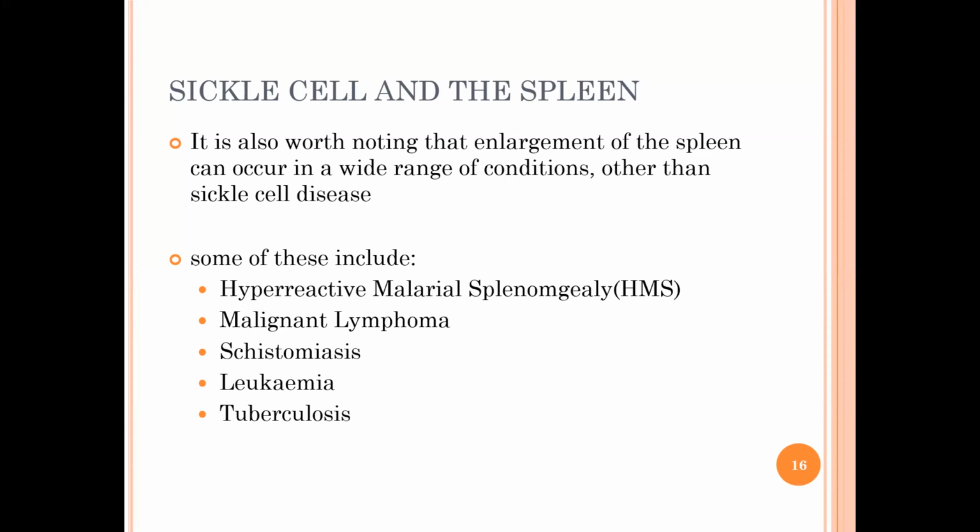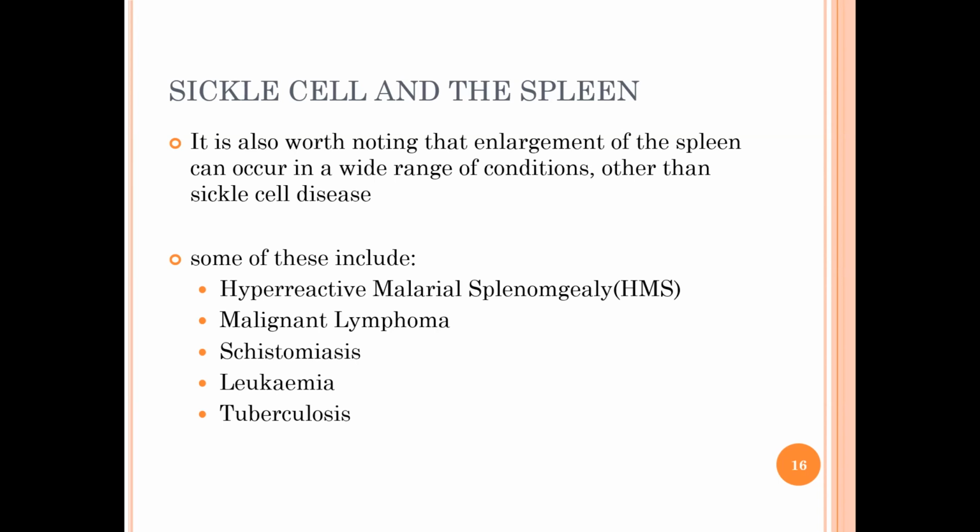So there's something called hyperreactive malarial splenomegaly. Malaria can cause a really, really big spleen, and we live in a malaria endemic country, so that is a cause. If you have a lymphoma, which is a malignancy of your lymph nodes, you can have an enlarged spleen. If you have schistosomiasis, you can have an enlarged spleen.